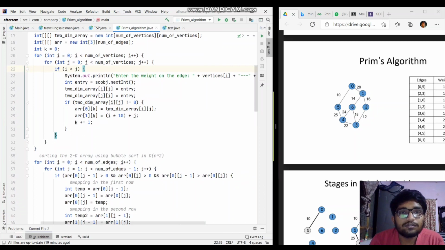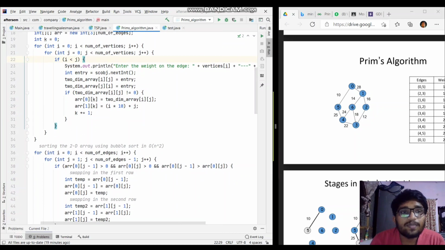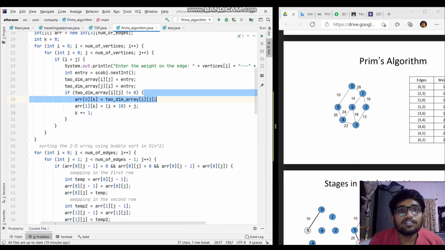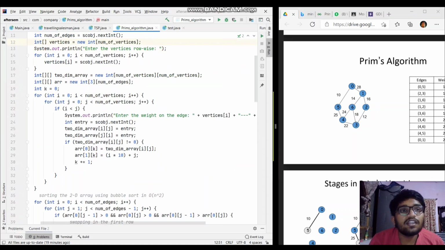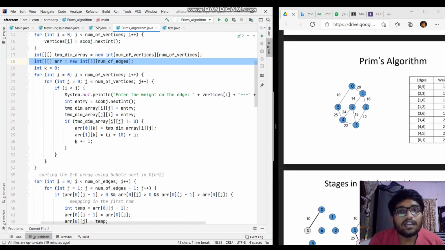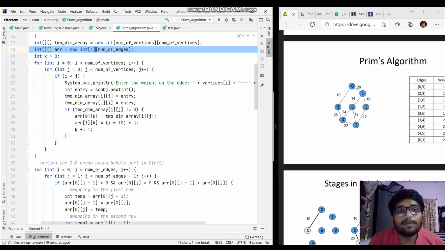And here we can see I am using the array with the 3 rows we defined above, with columns as the number of edges. In the first row we will have the weights, and in the second row we'll have the vertices.